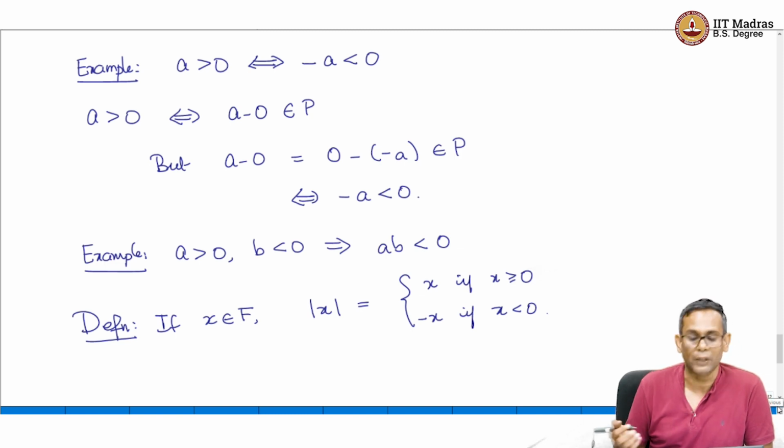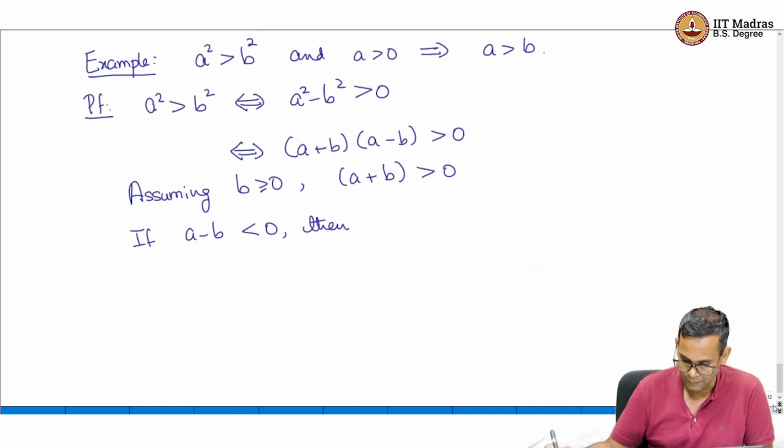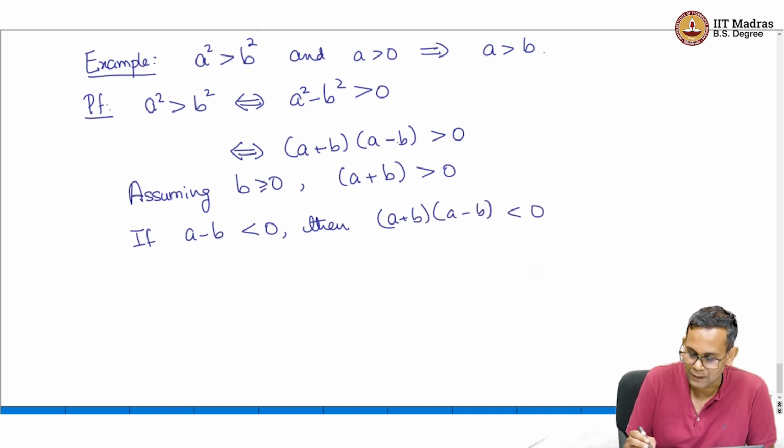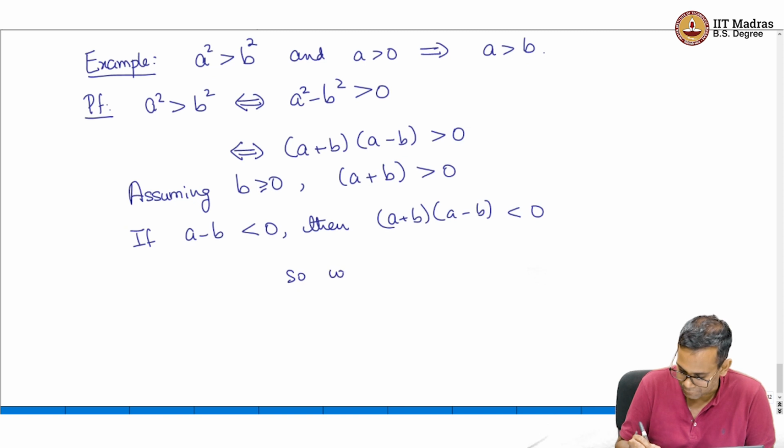So, (a plus b) into (a minus b) would be negative, but we have assumed that (a plus b) into (a minus b) is positive. So, this cannot happen. So, we must have a minus b greater than 0.